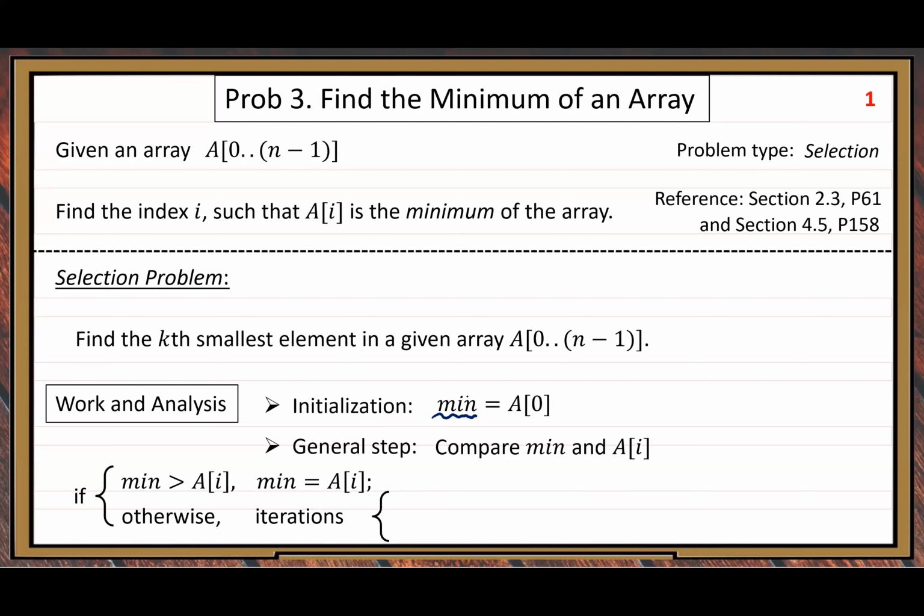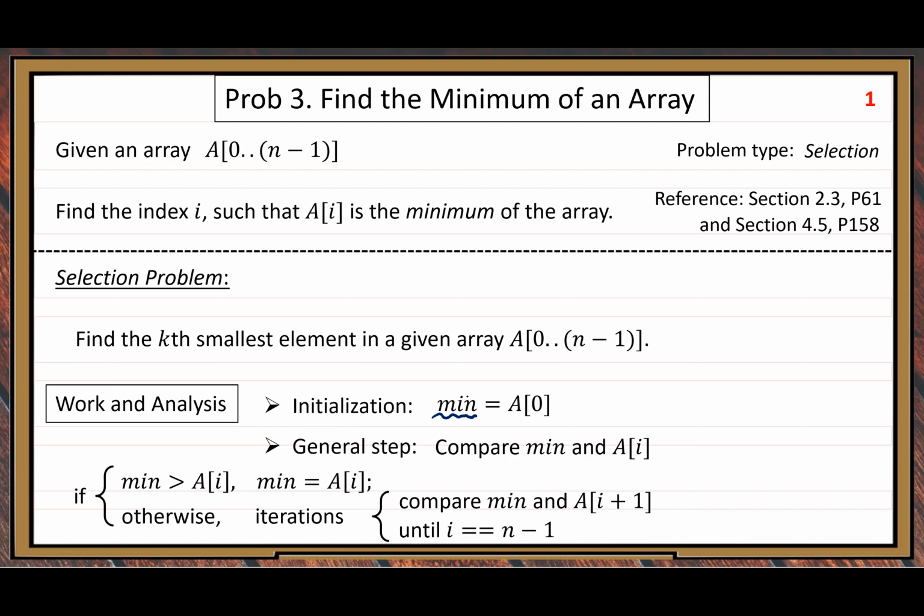We do iterations. We go to the next element, A of i plus 1, and do our regular comparison work. Eventually, you will reach the end of the array, the last element, that is i equals n minus 1.